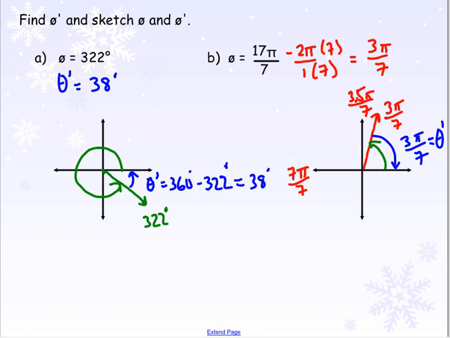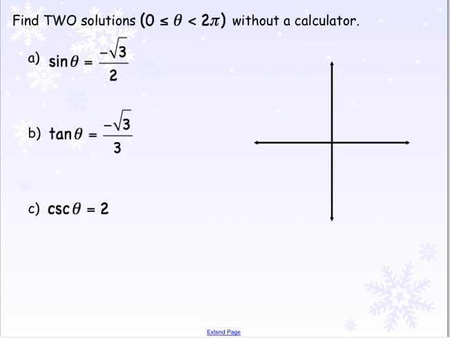Okay? Almost done. So you've had problems like this before where you have to find two angles that satisfy this condition.